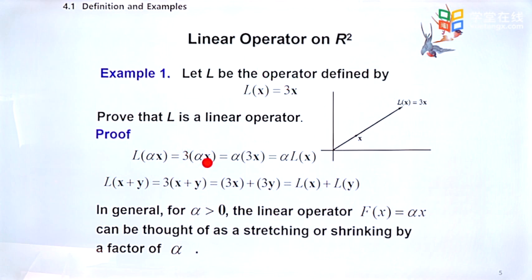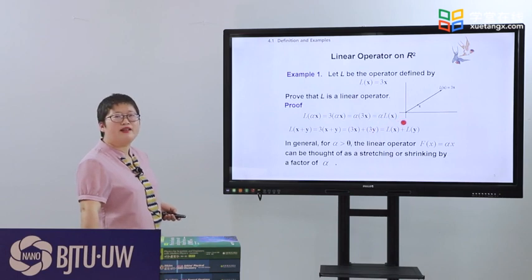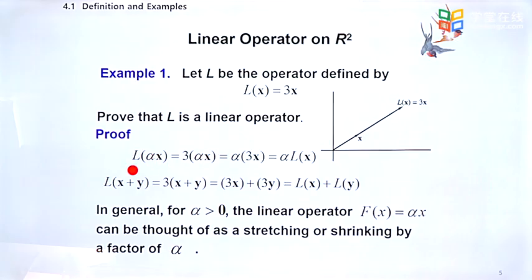L(αx), by the definition of this operator, is 3 times αx, and we can put α out, which equals α times 3x. We know that 3x is just L(x), so we have L(αx) = αLx. Then for the addition x + y, L(x + y) equals 3 times (x + y).